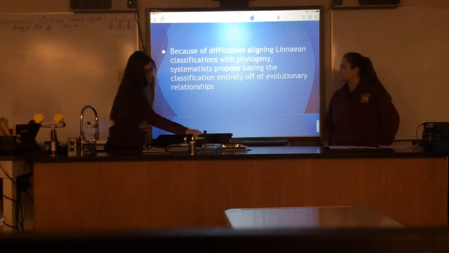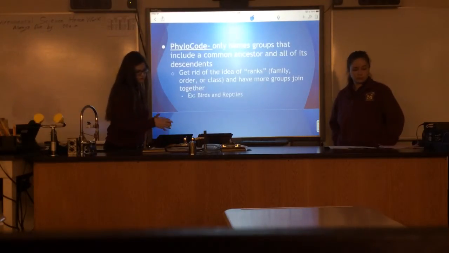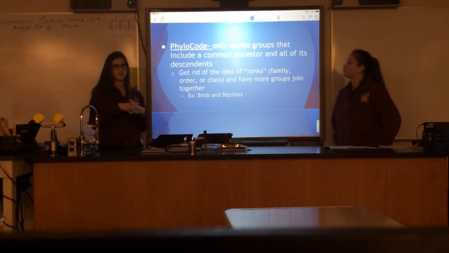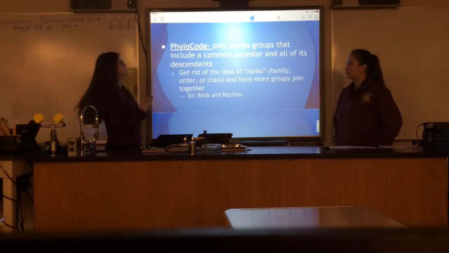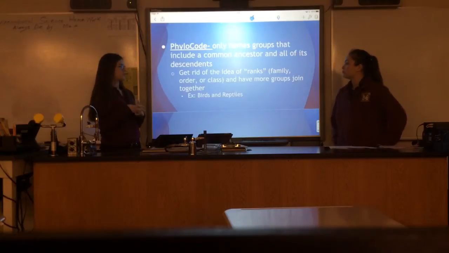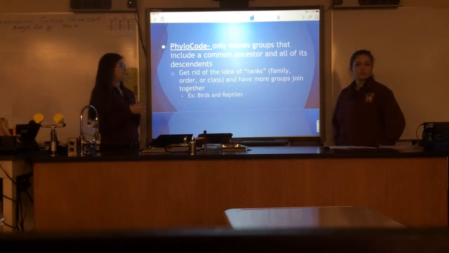And so the phylocode is one of the most recent attempts at basing the entire thing off of evolutionary relationships. And this only names groups that include a common ancestor and all of its descendants. So it gets rid of the idea of ranks, which include the family, the order, the class from the taxonomy, and has more groups to join together.